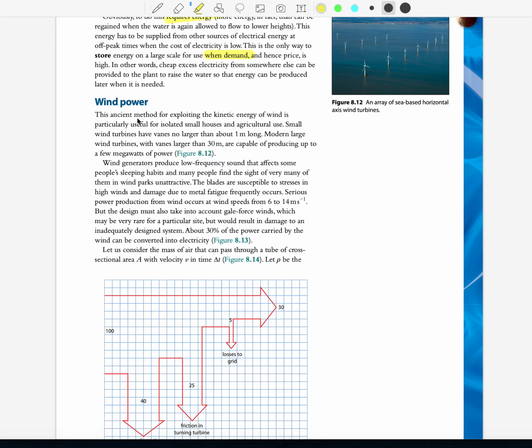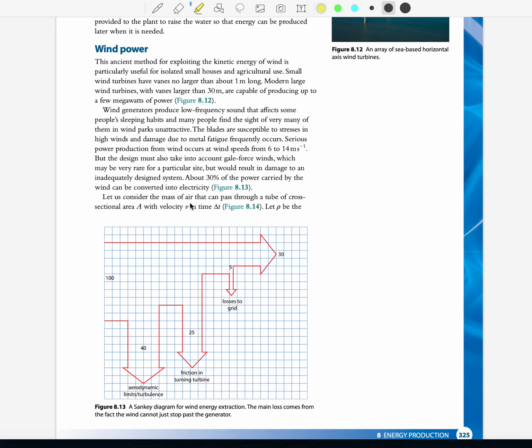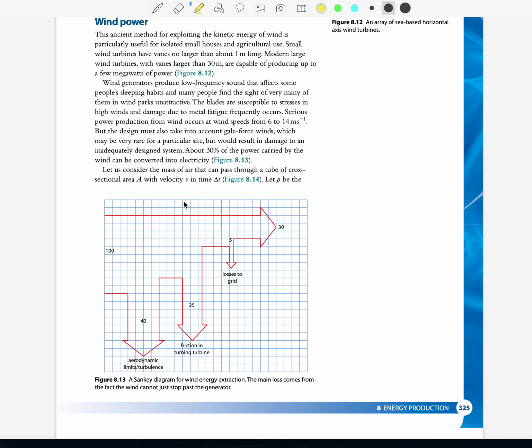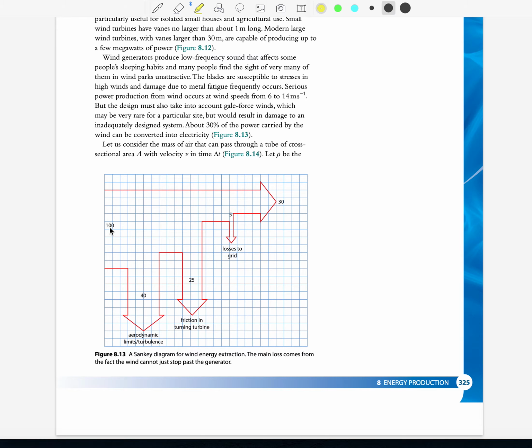And the last renewable power source that we will examine is wind, wind generators. And this is kinetic energy of air. So you see a Sankey diagram similar to what we saw for fossil fuels.